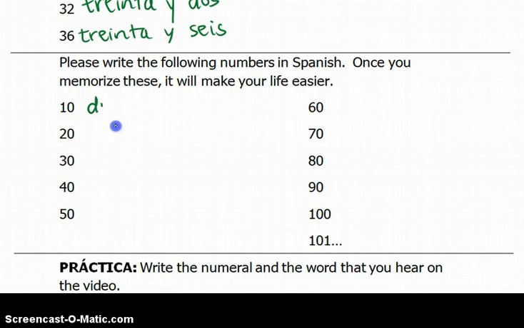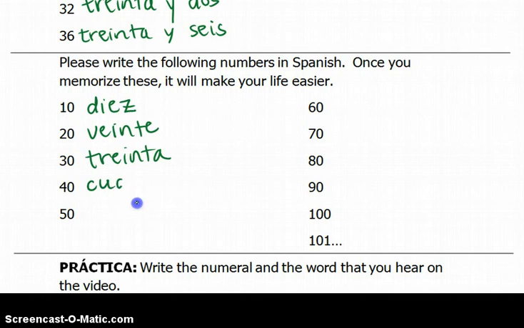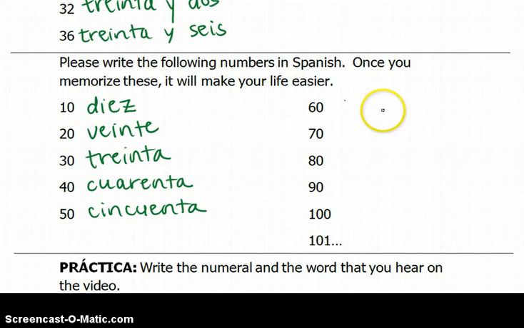We have 10, 20, 30. 40 is 40. 50, 50. 60 is 60. 70, 70.